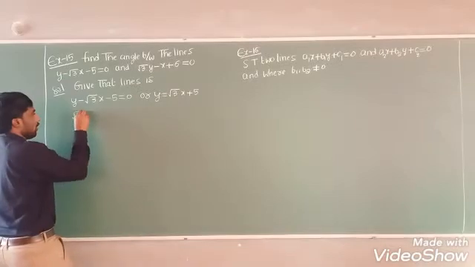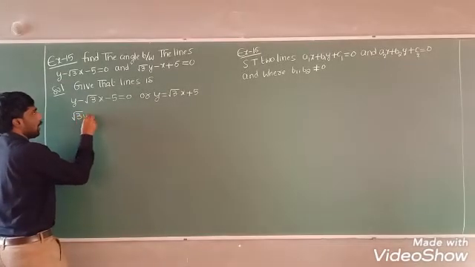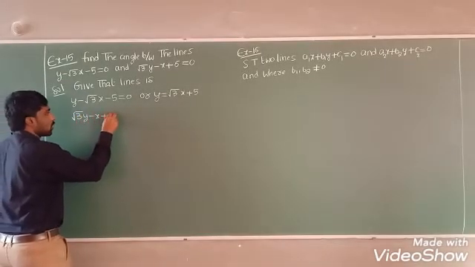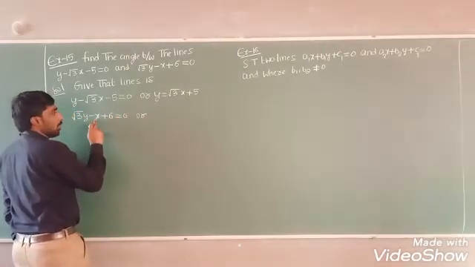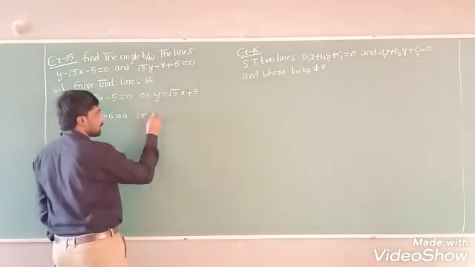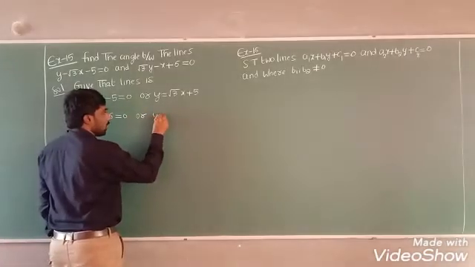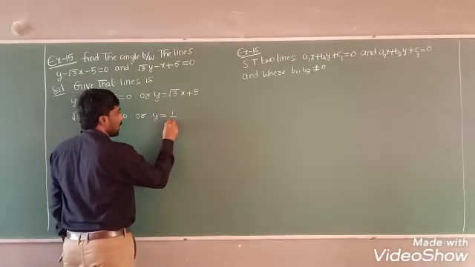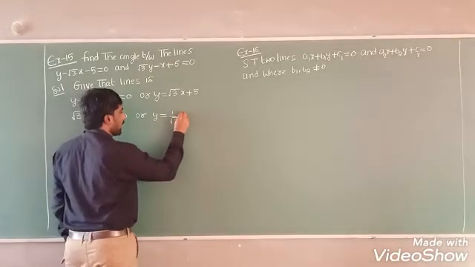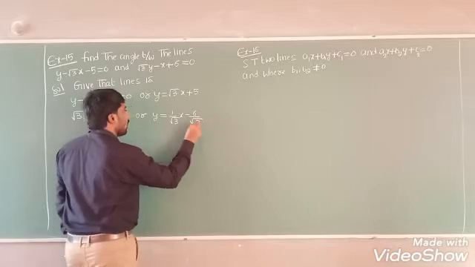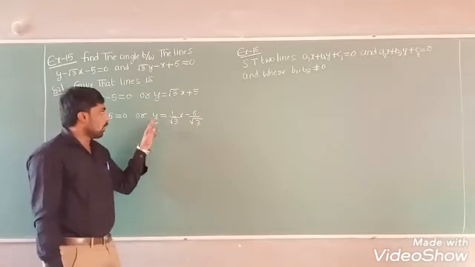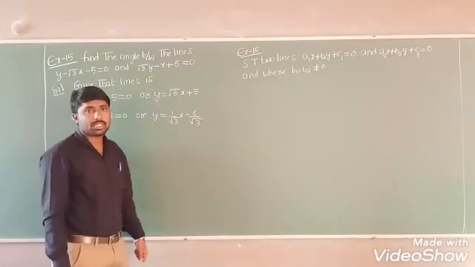Next one, root 3y minus x plus 6 equal to 0. This one I will write like this. If minus x plus 6 goes to that side, what will I get finally? y equal to 1 by root 3 into x minus 6 by root 3. Now this also you see here, y equal to mx plus c representation.